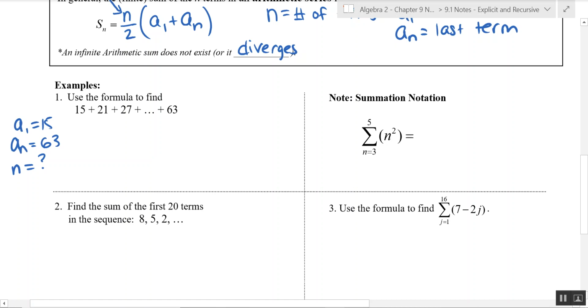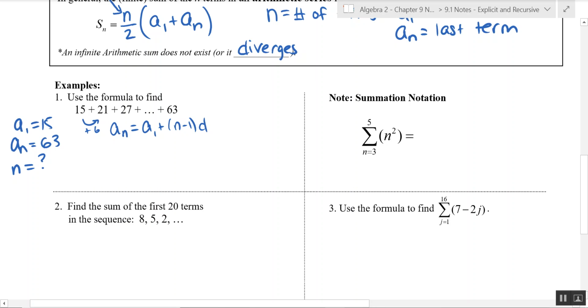So what we can do is recognize that this is an arithmetic series, and it looks like we are adding 6 each time. So I'm going to use the nth term expression that we used earlier in this chapter. The nth term of an arithmetic sequence would be a sub n equals a sub 1 plus n minus 1 times d.